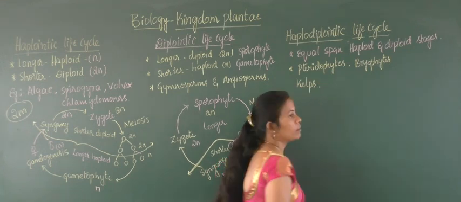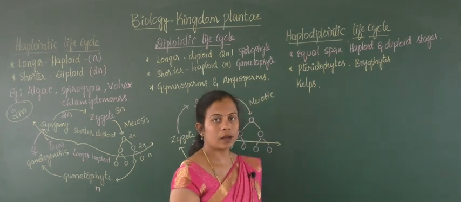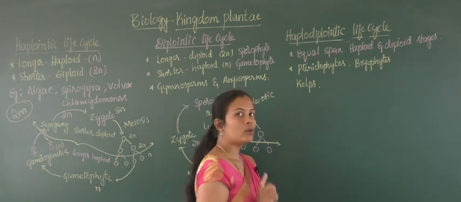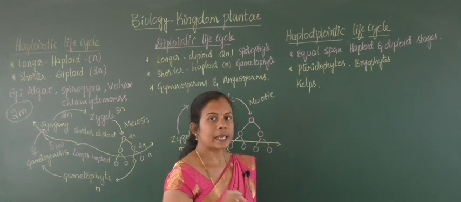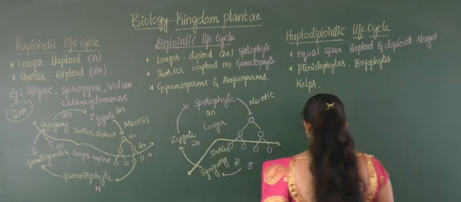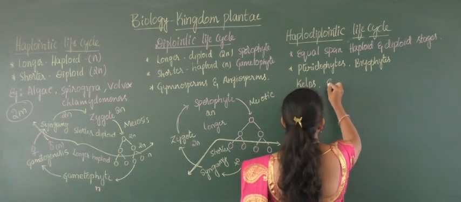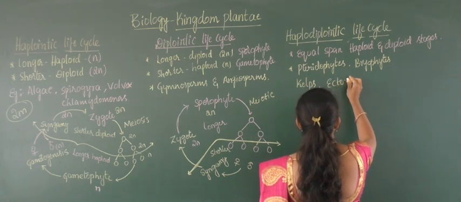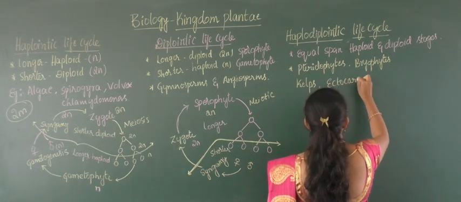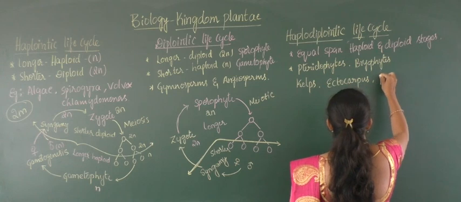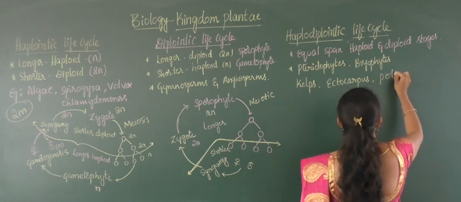Marine algae like brown algae and red algae are marine algae. In that, brown algae are also called kelps. Okay, and later Ectocarpus and Polysiphonia.